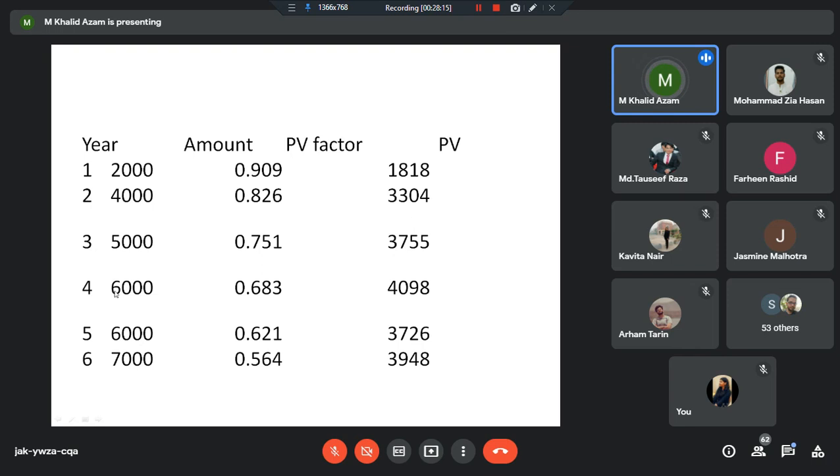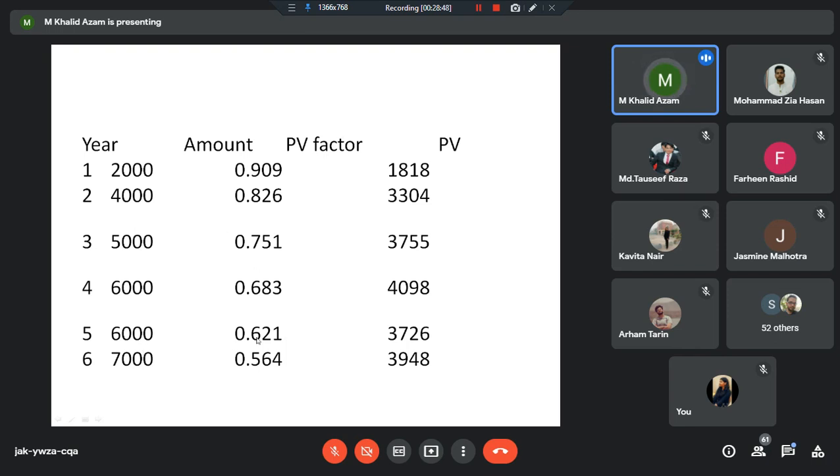So the 6000 at the end of the fourth year and the 6000 at the end of the fifth year are not the same. Why? Because the 1 rupee factor is reduced from 0.683 to 0.621. At the end of the fourth year, the 6000 has a value of 4098. But the same amount at the end of the fifth year is not going to have the same value, because this factor has reduced.